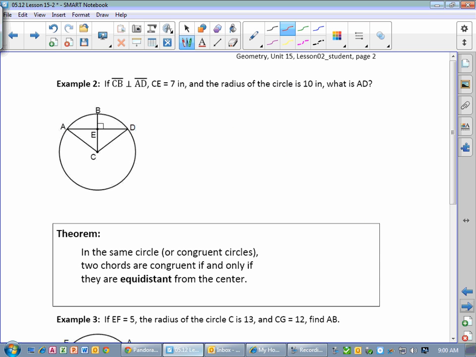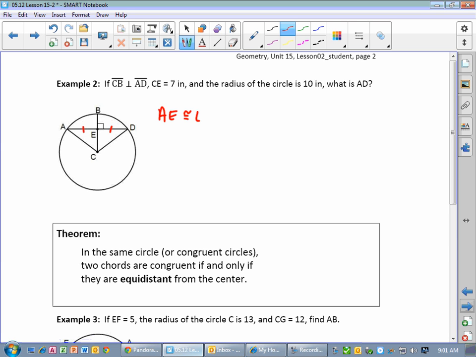So we're told that CB is perpendicular to AD. Okay, now notice that CB is a radius, right, and AD is a chord. So based on that one statement, based on this previous theorem, we can conclude that CB is bisecting AD. So that means this must be congruent to this, right? AE is congruent to ED, so I'll write that down.